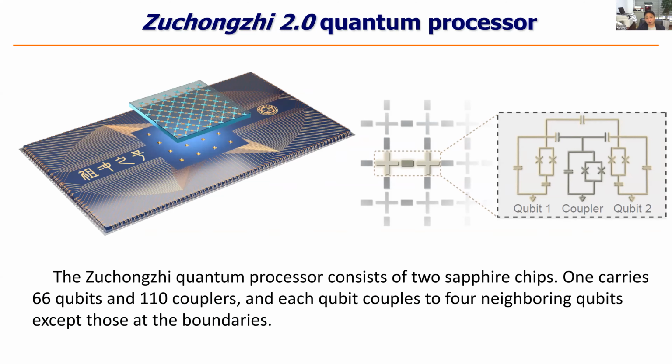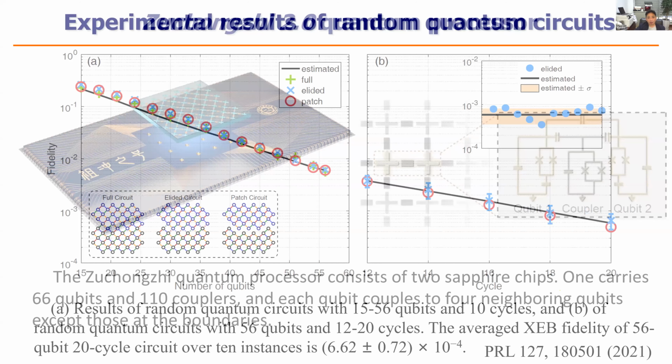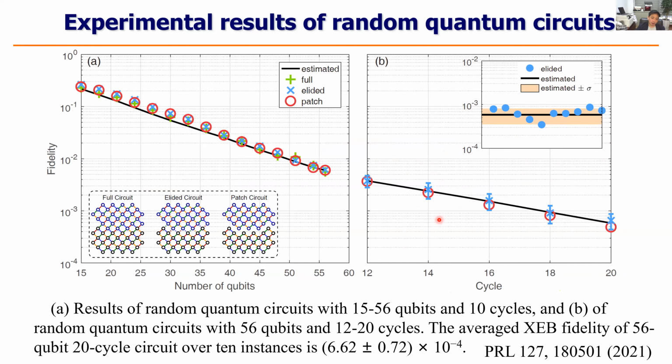So we started to demonstrate the quantum advantage with the randomized quantum circuit, and we very carefully tuned each of the qubits and each of the couplers. Finally, we have this kind of good result.